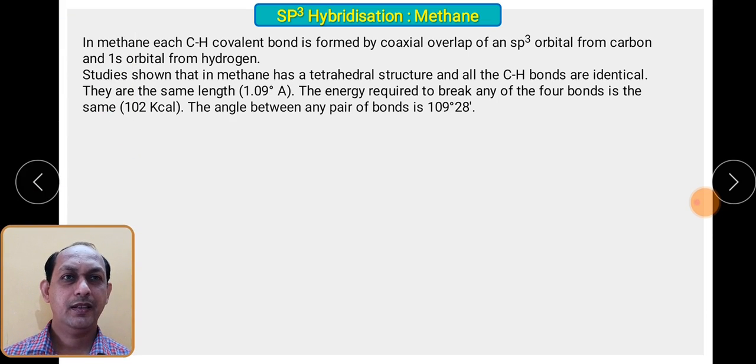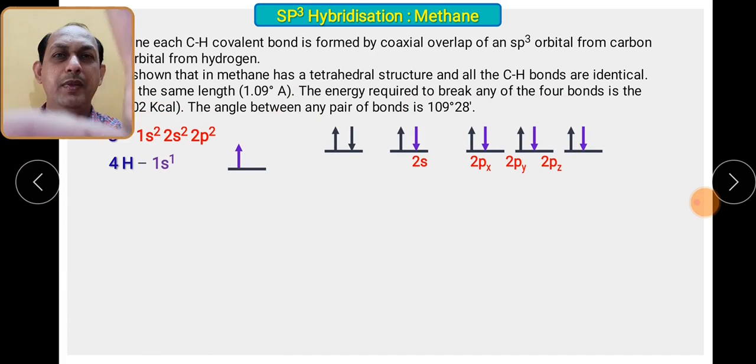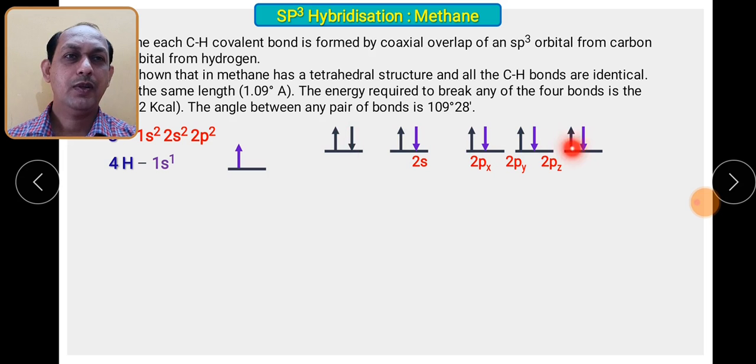In the case of methane, as we know, methane is a very good example of sp3 hybridization for the carbon. So remember this particular example of methane. In methane there are four C-H bonds. Each C-H bond has a bond length of 1.09 Angstrom and a bond energy of around 102 kilocalories. In methane, for the carbon these are the black electrons, and this particular electron is coming from the hydrogen.